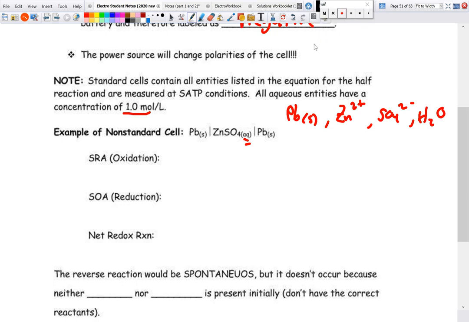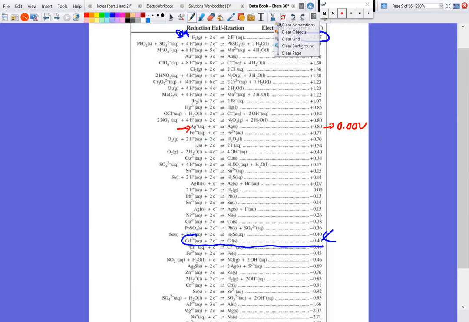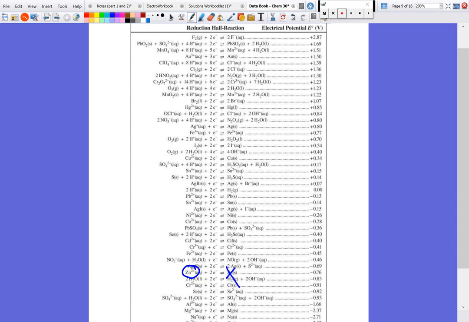And of course if you look at your data booklet and find lead solid, or sorry, just lead solid, lead 2 plus is not there, so forget I said that. And our zinc 2 plus is all the way down here. We don't have zinc solid, so we cannot include that, but we have lead up here.